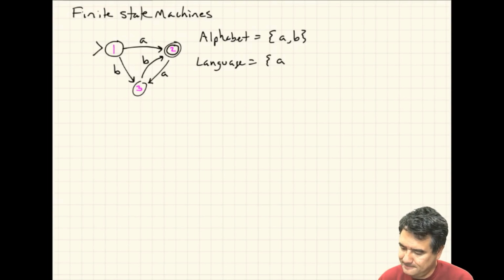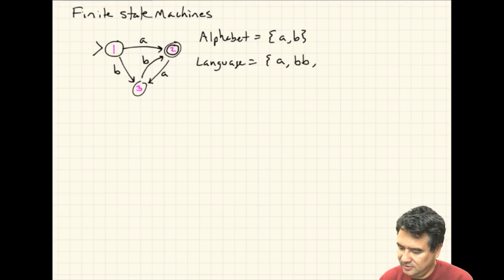Another one would be, how about, let's do BB. And you can do that by starting here at 1, going down to 3, and then up to 2.